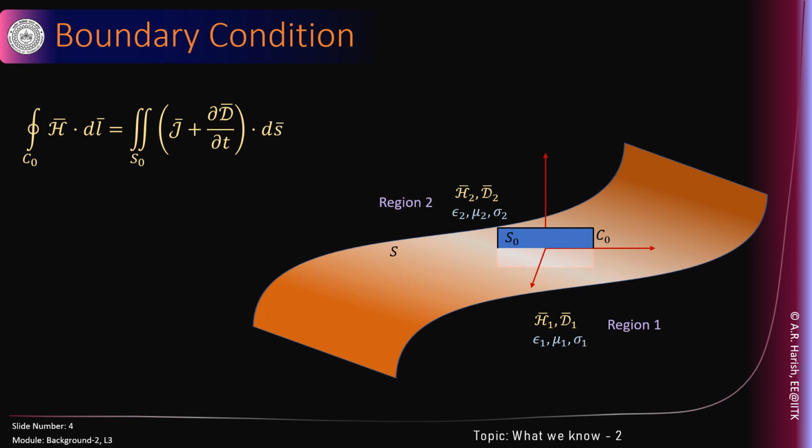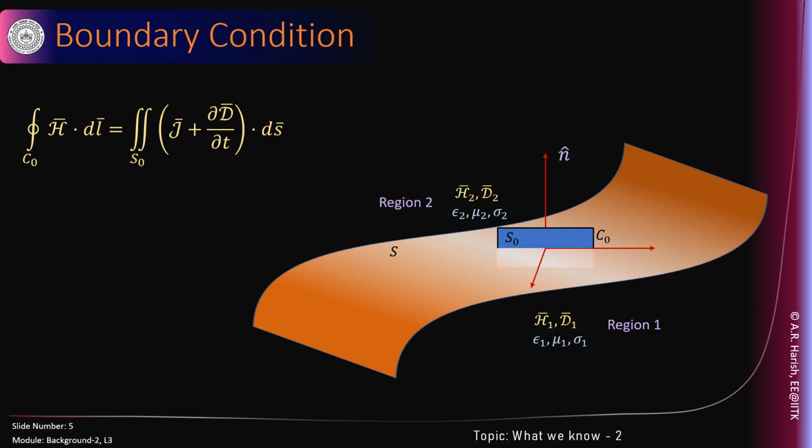Let S naught be a rectangular surface. Half of it lies in region 1, half of it lies in region 2. And it is bound by contour C naught. We can now specify three unit vectors.